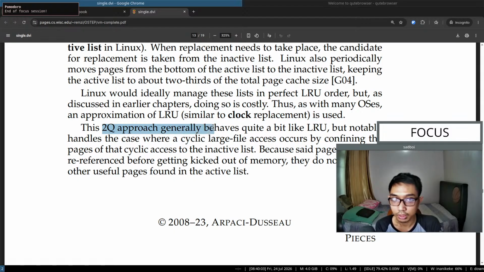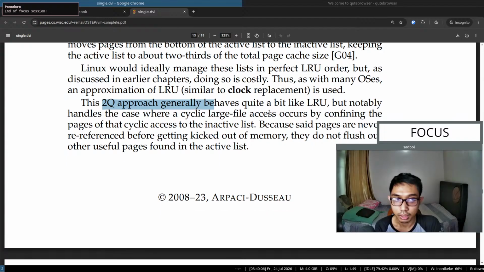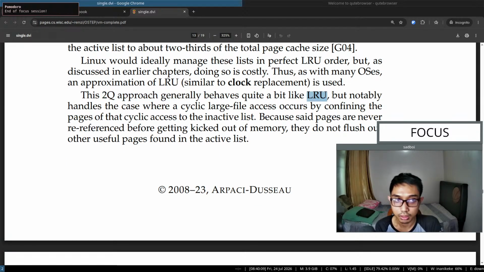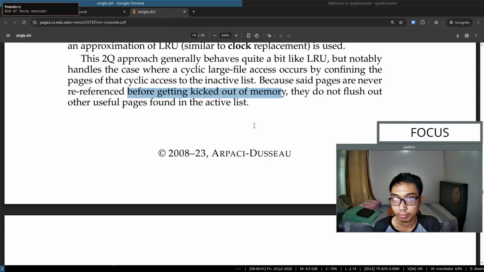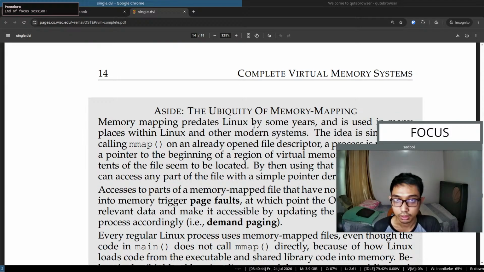These two queue approaches generally behave quite a bit like LRU, the least recently used, but notably handle the case where a cyclic large file access occurs by confining the pages of that cyclic access to the inactive list. Because those pages are never re-referenced before getting out of memory, they do not flush out the usual pages found in the active list.